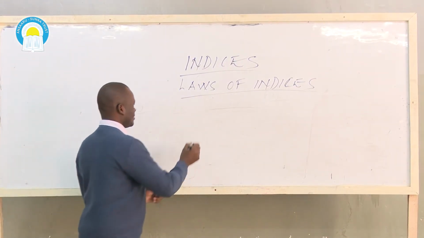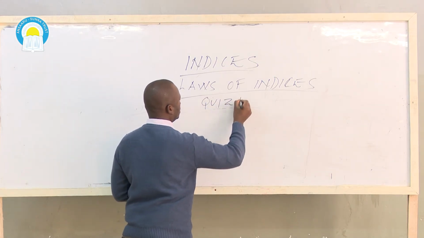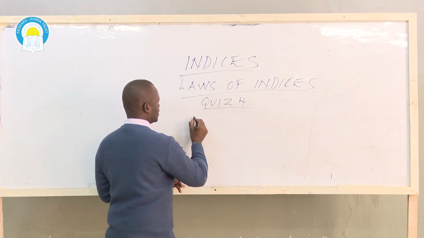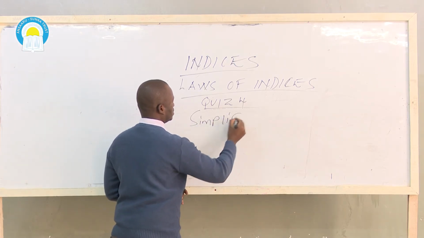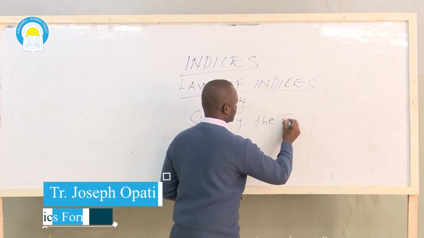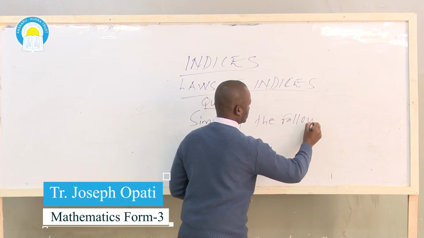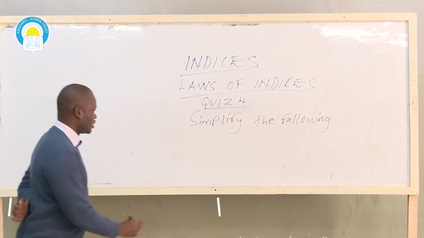Now we look at quiz number 4 in regard to our 4th law. The question is again, simplify the following.